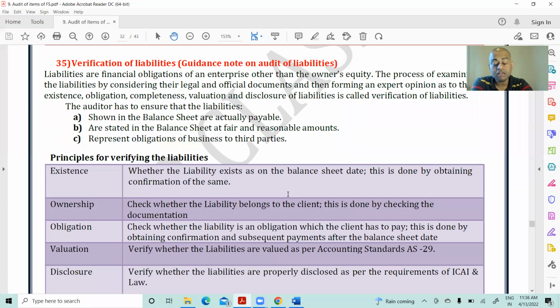So first, let us understand company law. If I am director of X Limited, can I borrow money on behalf of X Limited? The answer is yes. But how much money can I borrow? Can I borrow 100 crores, 1000 crores, 2000 crores?